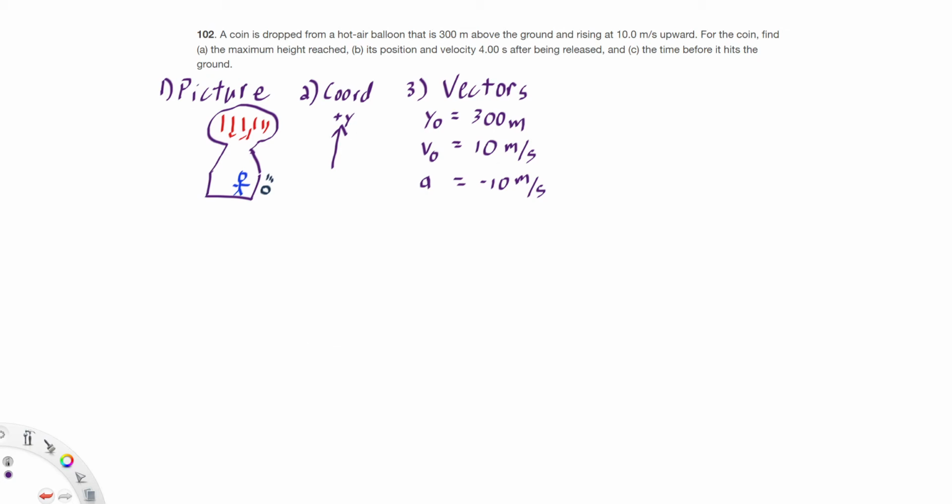Any questions on the setup for this problem? When we're solving problems like this, is it okay for us to round to -10 as well? Or should we be using 9.8? Yeah, it's absolutely okay to round. What I'm going to be looking for in this class is actually your ability to think through problems.